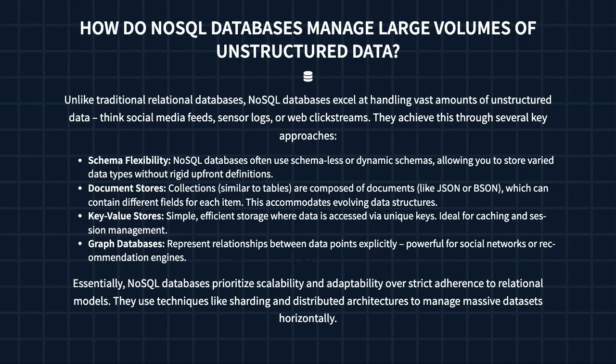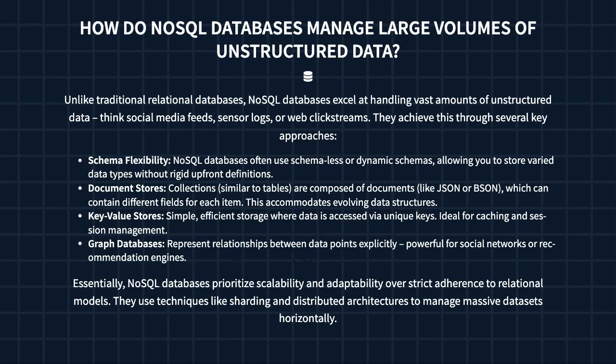Okay, let's talk about how NoSQL databases deal with a lot of data, specifically unstructured data. It's a really important question in any interview. Unlike traditional databases that need you to define everything upfront, NoSQL systems are much more flexible. They often don't have a rigid structure like tables with predefined columns. Instead, they use things like document stores, where each piece of information is stored as a document, think JSON or something similar.